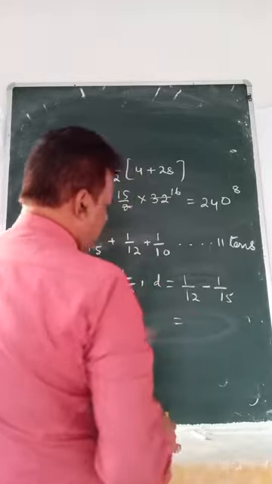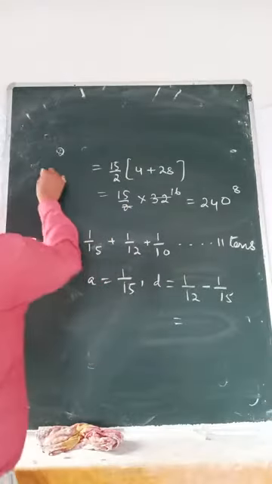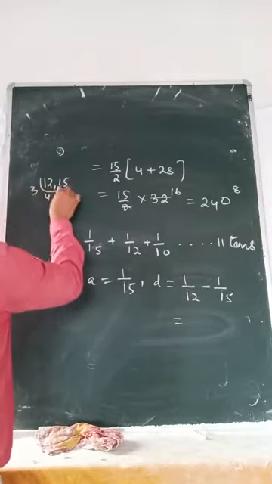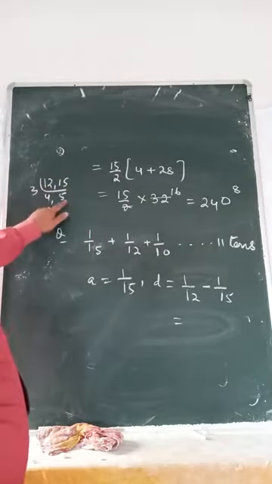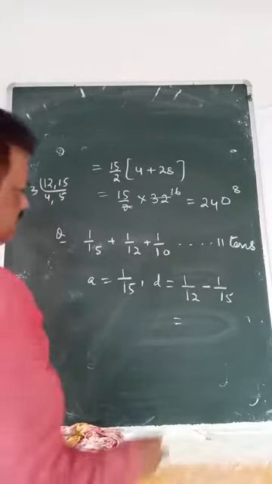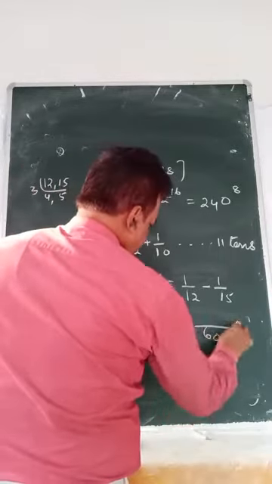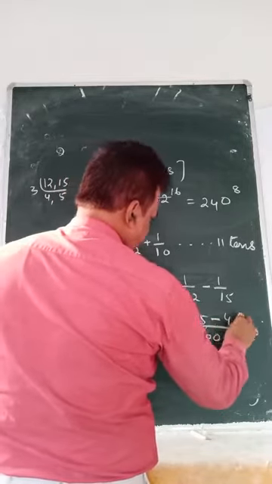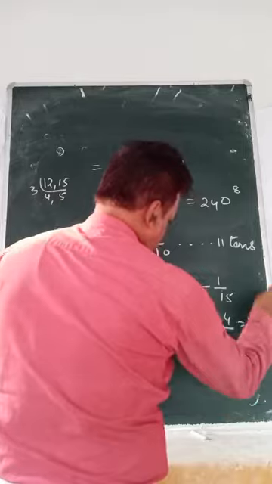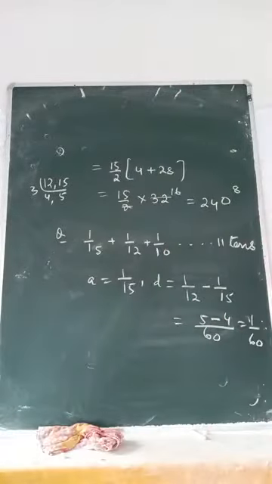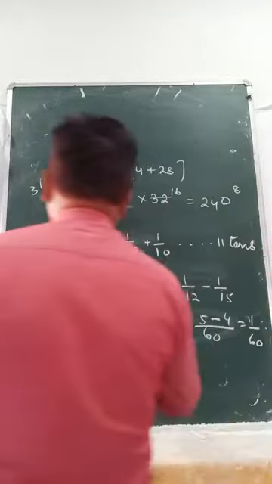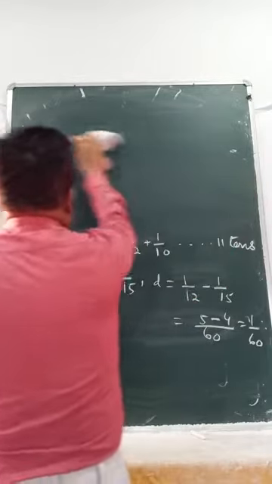What is the LCM of 12 and 15? 12, 15: divide by 3 gives 4, 5; 4 and 5 have no common factor, so 60 is the LCM. 60 by 12 is 5, 60 by 15 is 4, so d is 1 by 60. Okay, 11 terms.